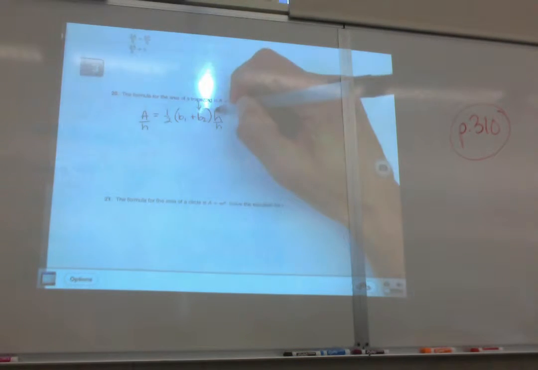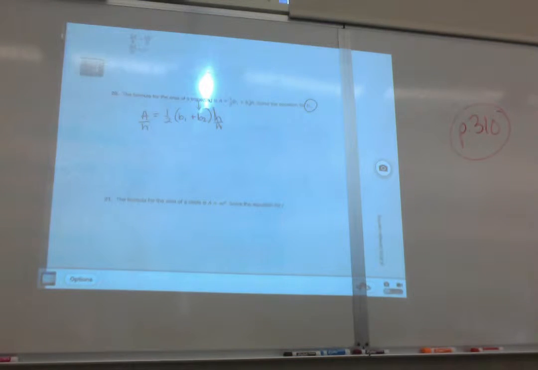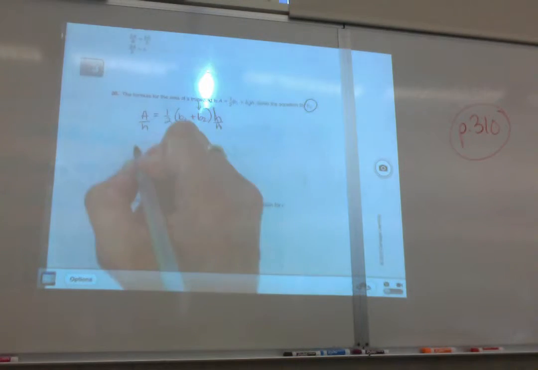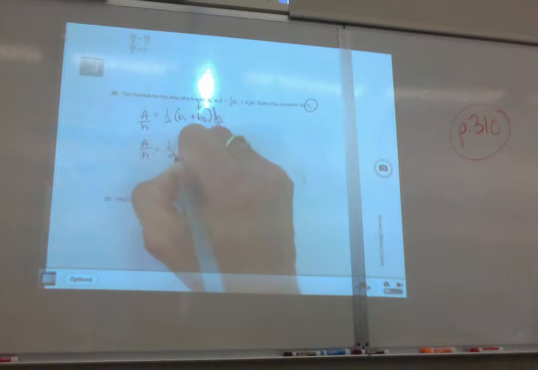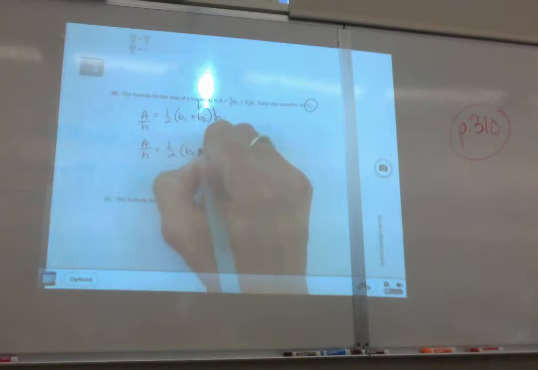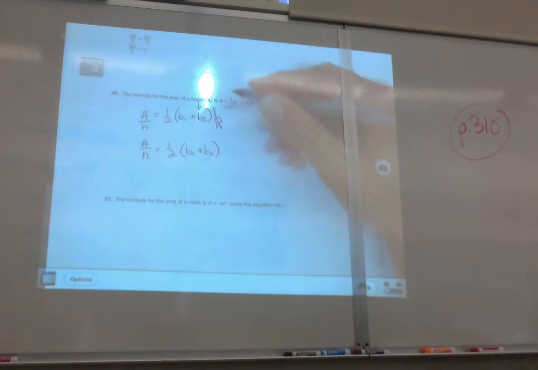That'll get rid of the h that's on the back side of the parenthesis. It doesn't matter what order you do some of this. You may have done this already and did it in a different order. What that leaves you with is A over h equals 1/2 (b1 plus b2). So because that was multiplying, I divide to undo it.